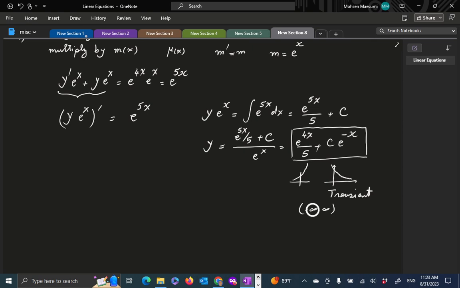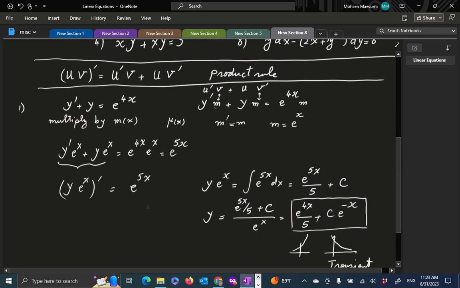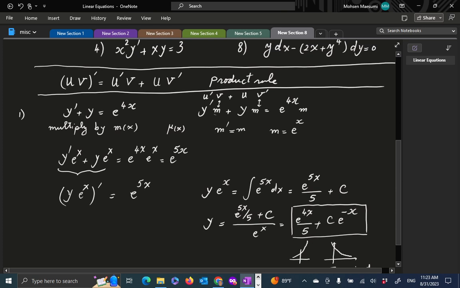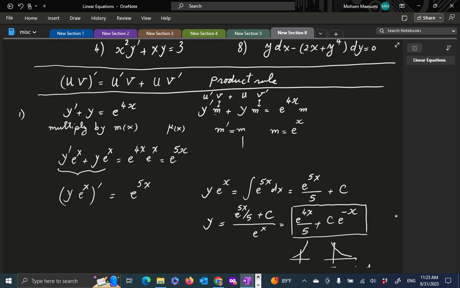We are going to have more to say about the issue of the domain in perhaps a more interesting problem, but here it is rather flavorless. The solution exists for the entire real number line. So let's go back and see what happened. Integrating factor. This m is called the integrating factor.